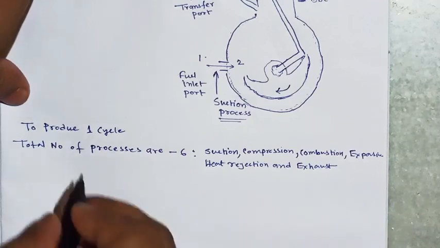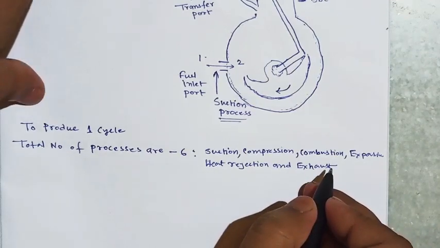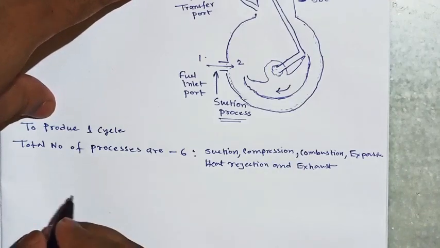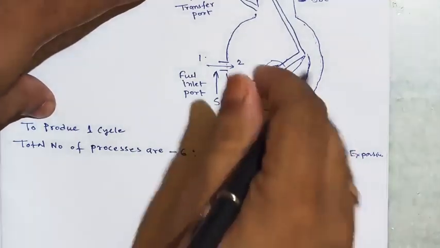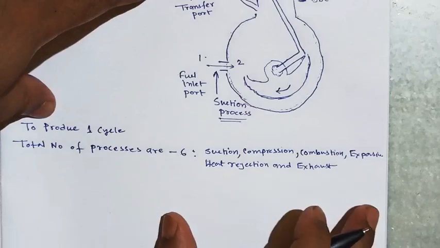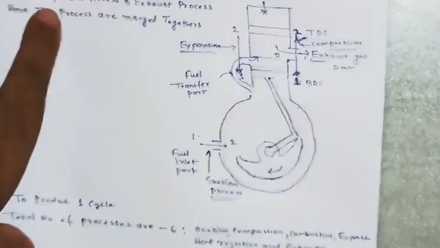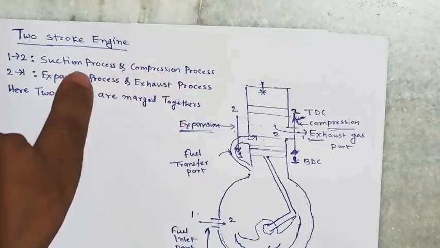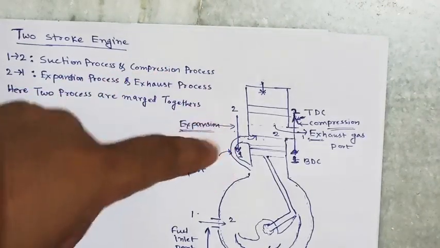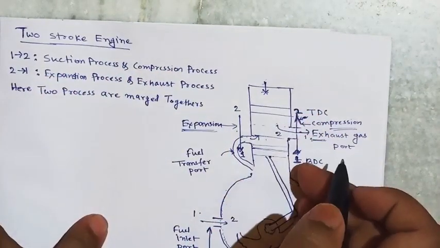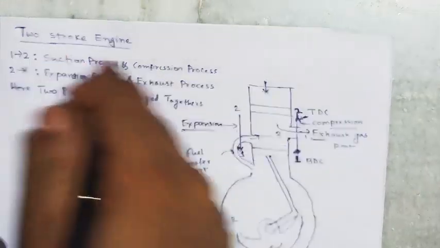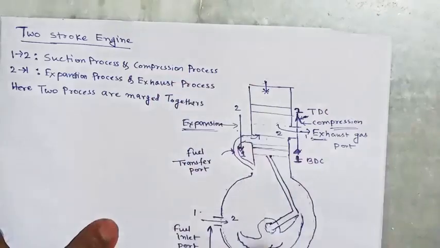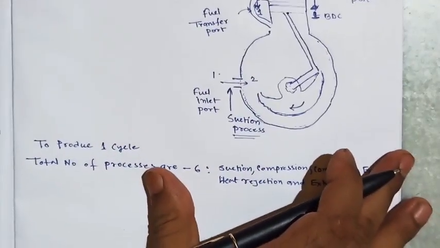Now of these 6 processes, there are 2 strokes. For this 2-stroke engine, there are 2 strokes, because the suction process and compression process take place in the same movement of this piston. The piston is moving in this direction. At that time, these two processes are happening at the same time.